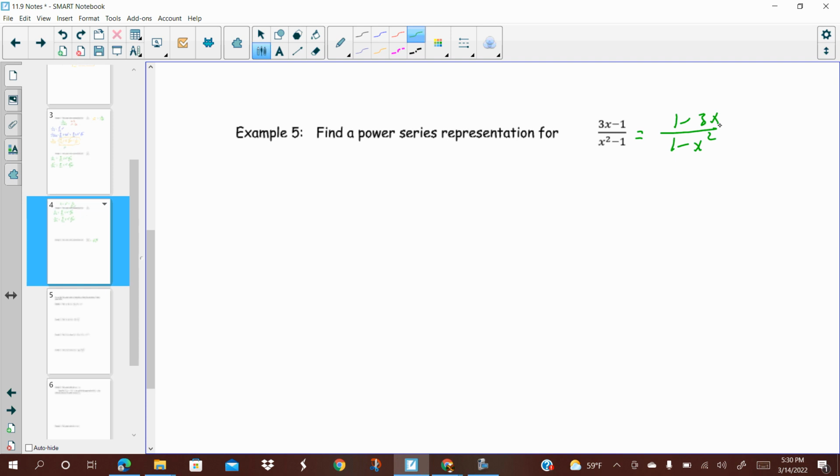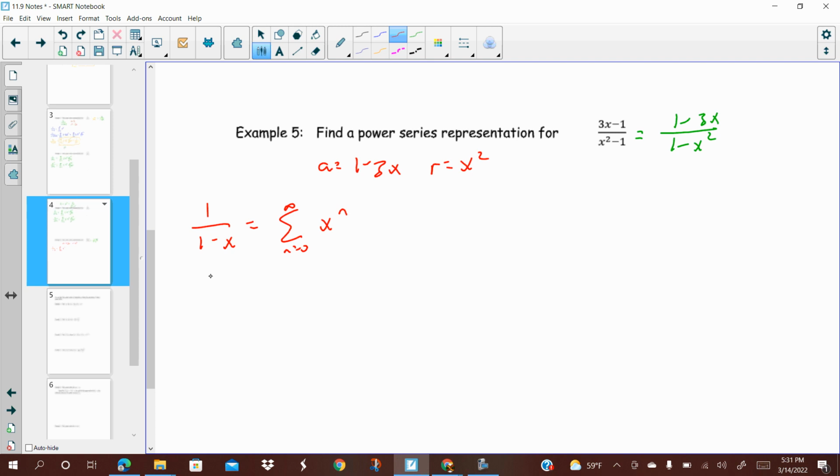So it's actually pretty easy from here. A is your numerator, 1 minus 3x, where r, well, it's already in 1 minus, so r is just x squared. So let's write the function. 1 over 1 minus x, that is your baseline. That's where we start. And that's going to be the sum of x to the n power.